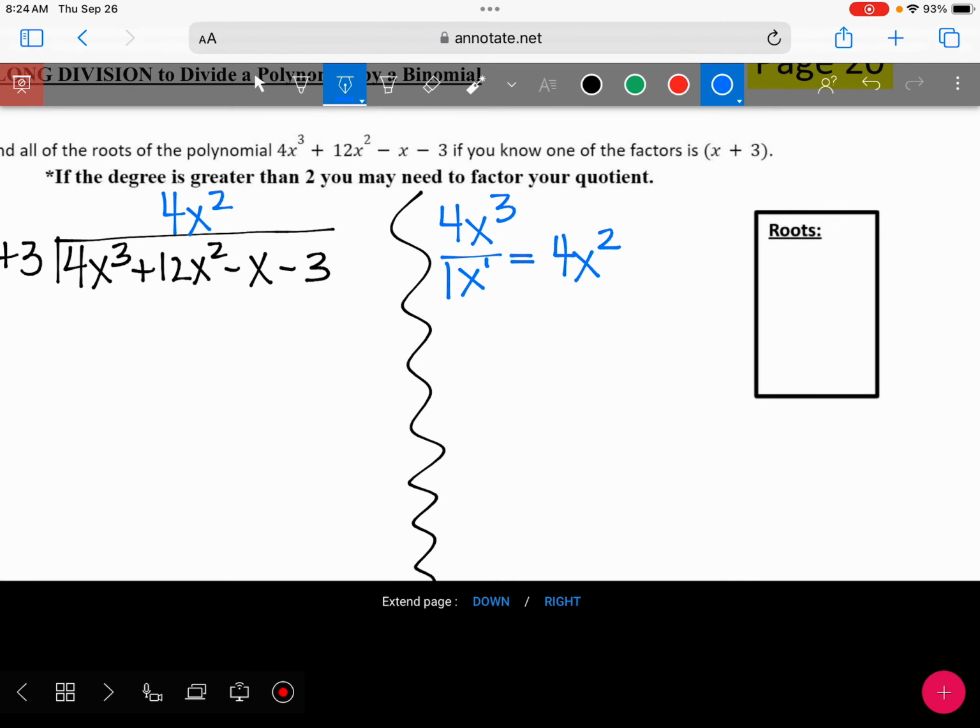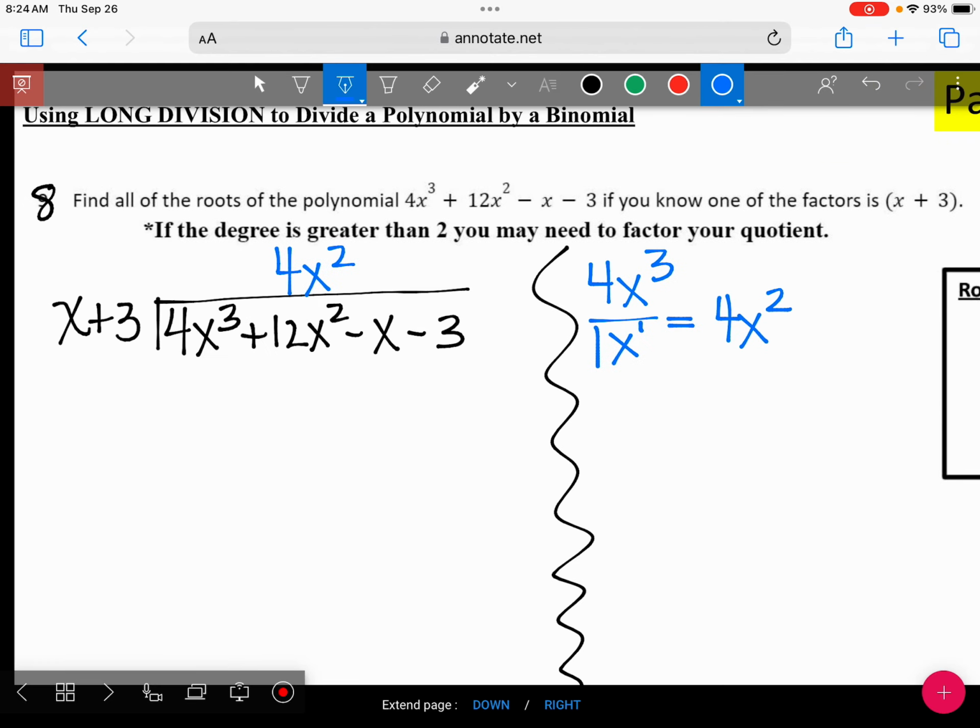Now we're going to take that 4x squared and multiply that by x plus 3. So 4x squared times x is 4x cubed, and 4x squared times 3 is 12x squared.